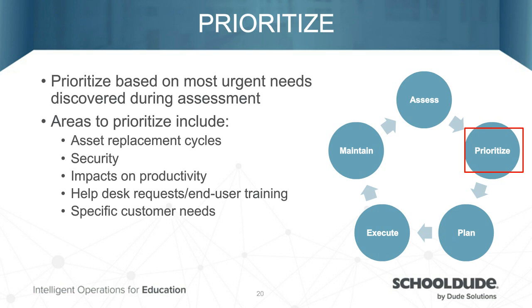How is this going to impact productivity for really any employees or even impact our students? We're going to prioritize based on things like previous requests and deciding whether or not we need to employ end-user training. And last but not least, looking at specific needs that are out there. And from there, we're going to carry into prioritizing.